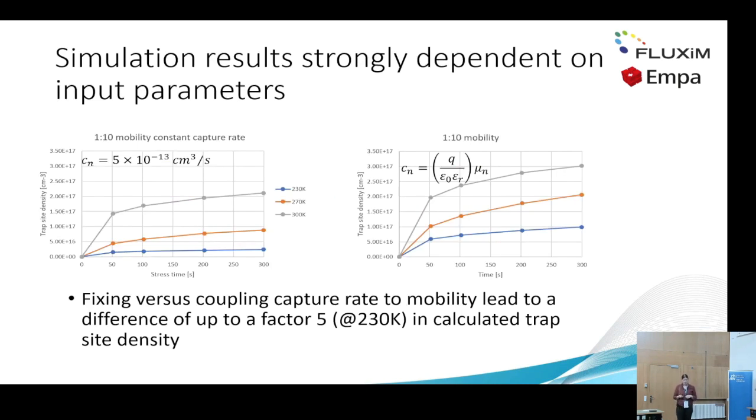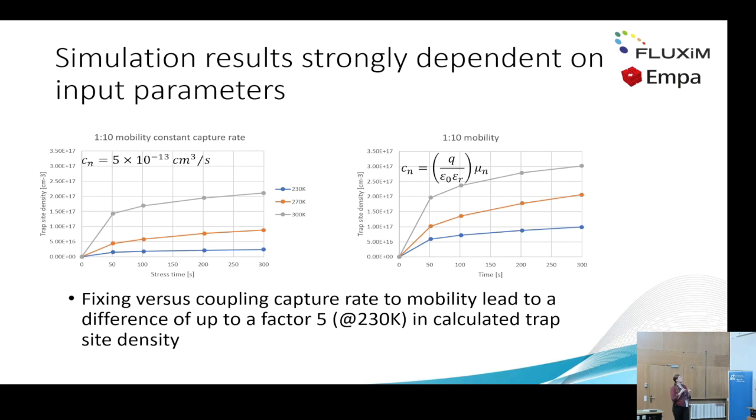Now, one thing that we also noted while doing the simulation is that we have quite a high dependency on the parameters we choose. So here I just show you two parameter variations we've done. On the left-hand side is the same graph I showed you before. We have here a fixed mobility ratio between electron mobility and hole mobility of 1 to 10.